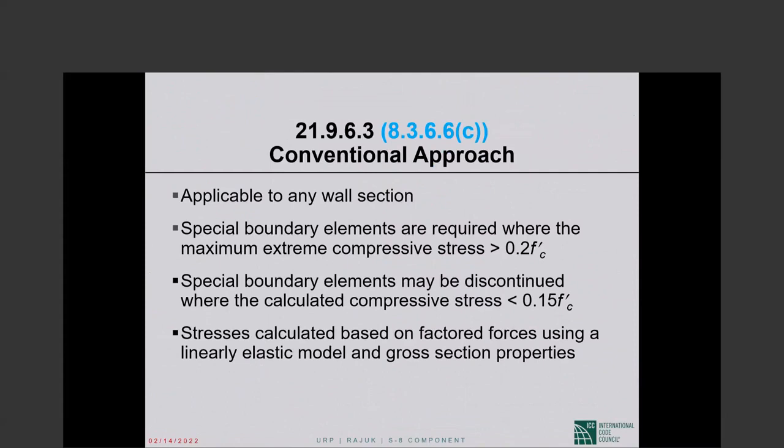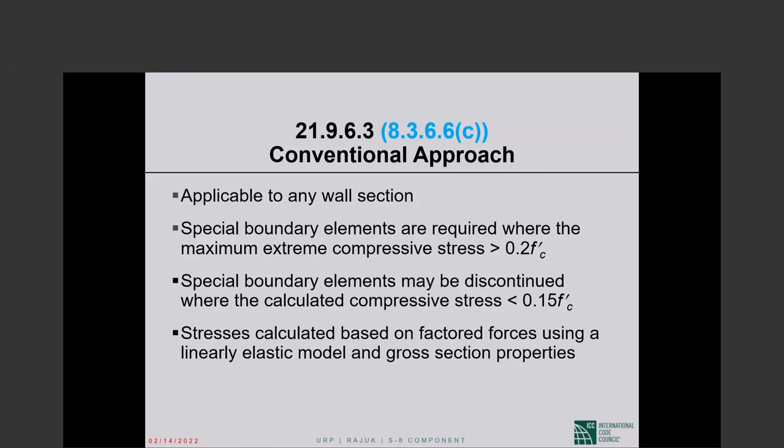That takes us to the conventional approach. Remember, in the conventional approach, up until 318-95, our threshold for requiring special confinement was the combined compressive stress due to P sub U and M sub U exceeding 20% of F sub C prime.